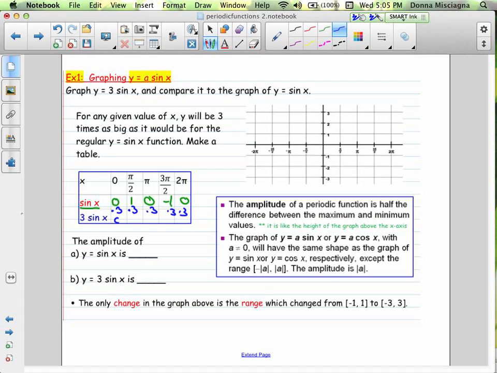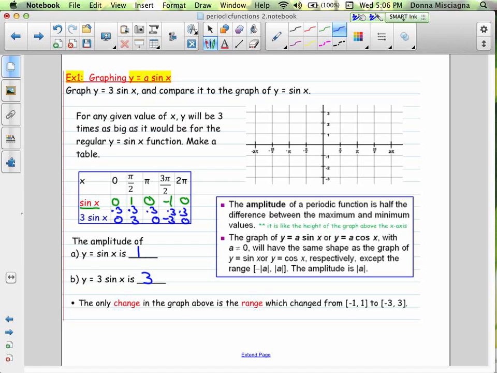All right, so that's going to give me 0, 3, 0, -3, 0. The amplitude of y equals sine x was just 1, but the amplitude of y equals 3 sine x is going to be 3. So the only change in our graph is the range, which changed from -1 to 1 to -3 to 3.